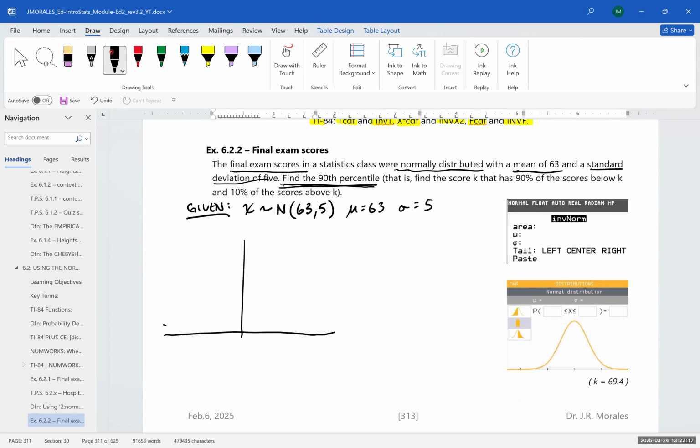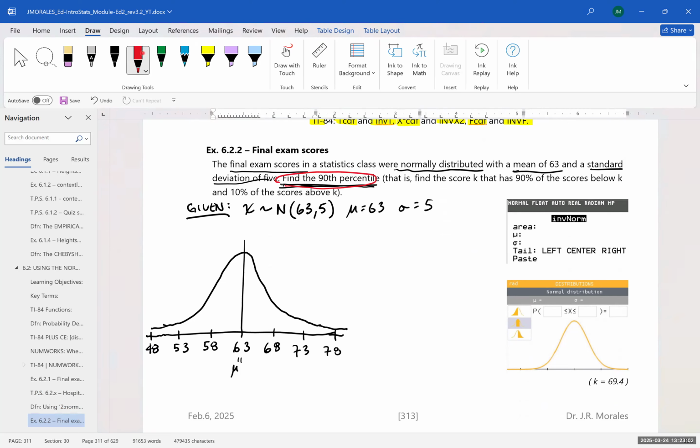So we have a normal distribution for final exam scores with a mean of 63 and a standard deviation of 5, which means we're going to go in increments of 5 upwards. I'll go 3 standard deviations to the right and 3 to the left, so let me go in increments of 5 below. Now, it says find the 90th percentile.